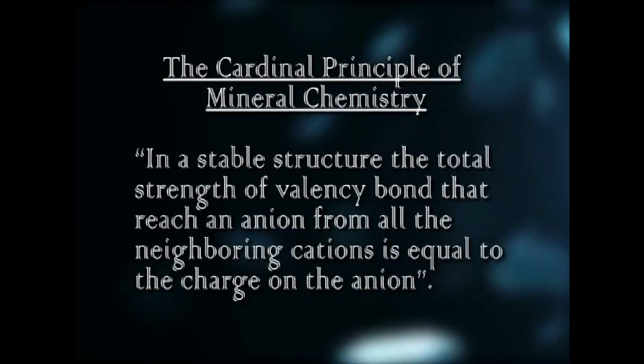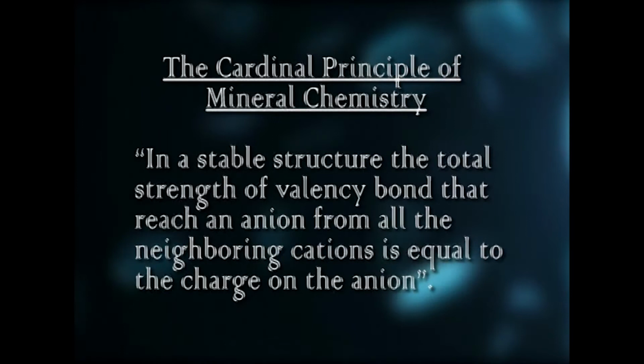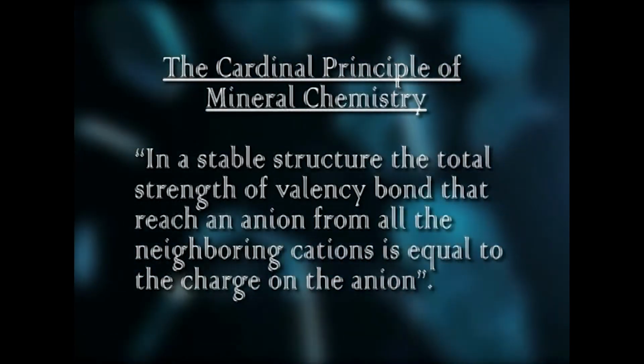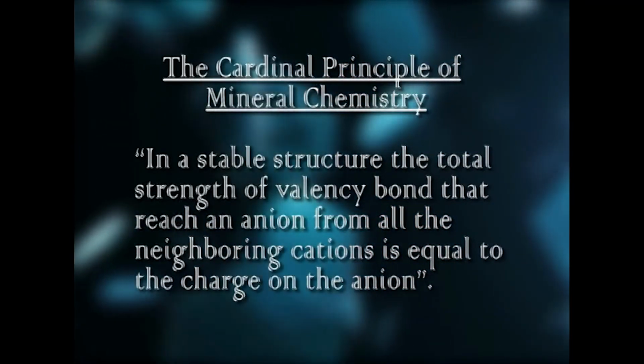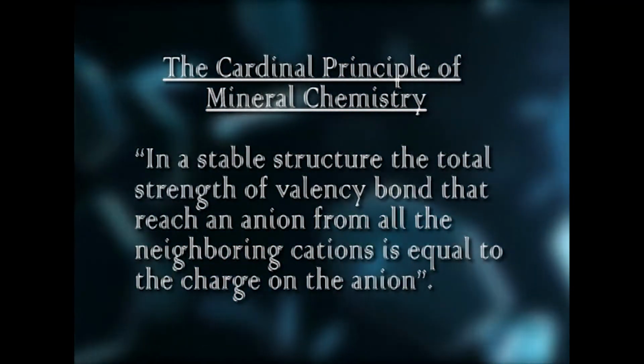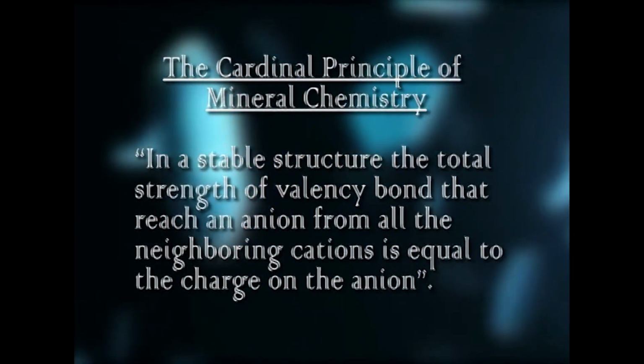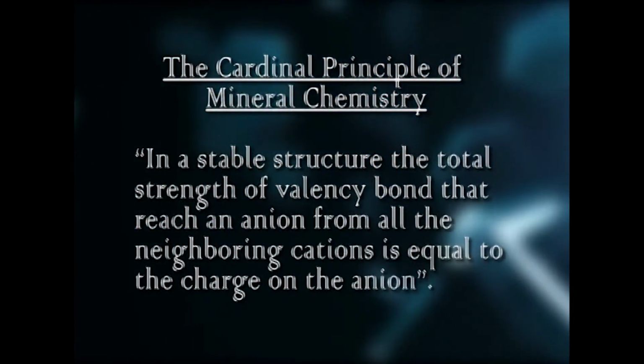However, the cardinal principle of mineral chemistry follows what was stated by Pauling in 1960. In a stable structure, the total strength of valency bonds that reach an anion from all the neighboring cations is equal to the charge on the anion.